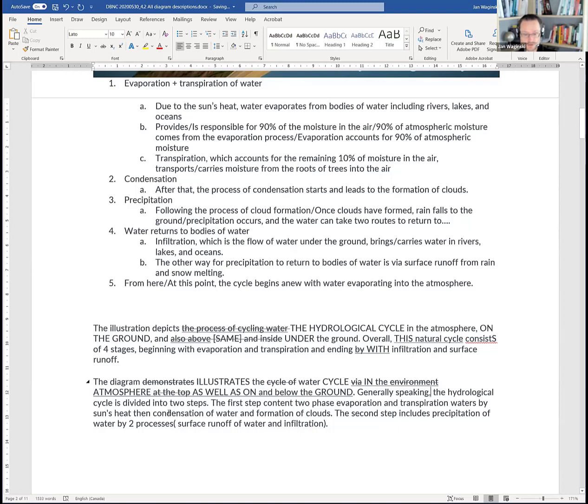Hydrological cycle is divided into two steps. The first step, content two-phase evaporation, transpiration waters. Whoa, what's that all about? Includes two-phase evaporation and transpiration.